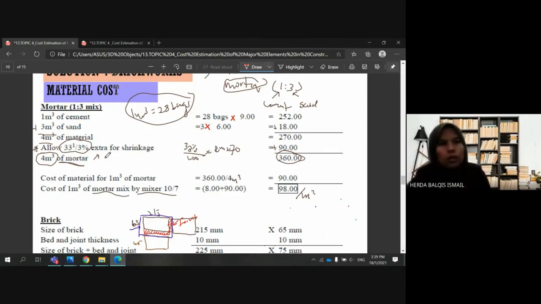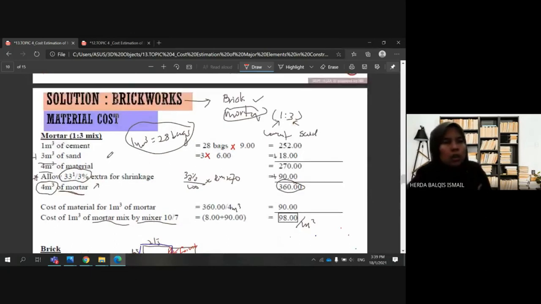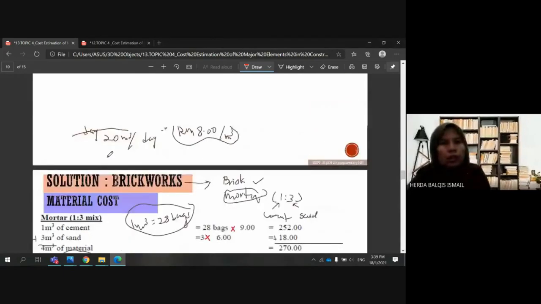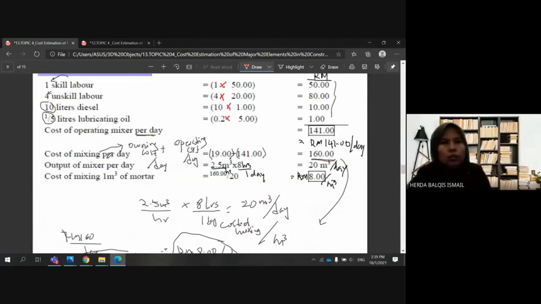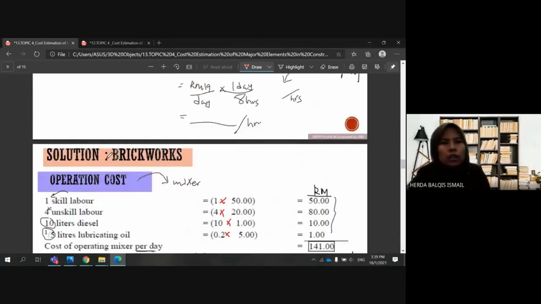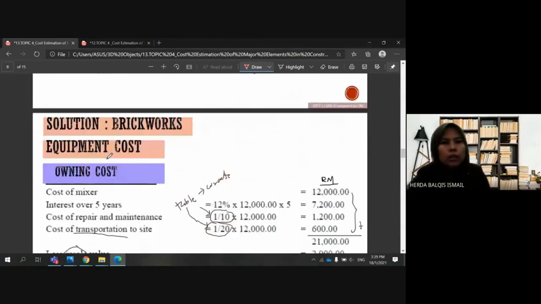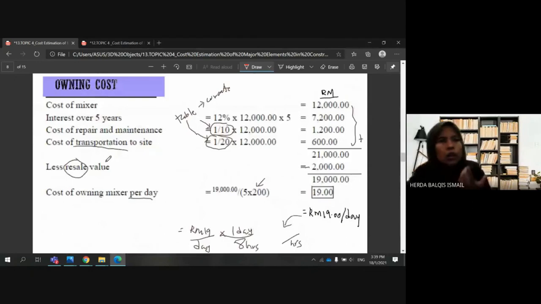So once again, for the cement, the price is basically stated in bags, unit bags, but you have to know that 1 kilometer of cement is equivalent to 28 bags, right? So that is the constant stated in the question. If you have any question, you can ask me later. Same goes for the owning cost.